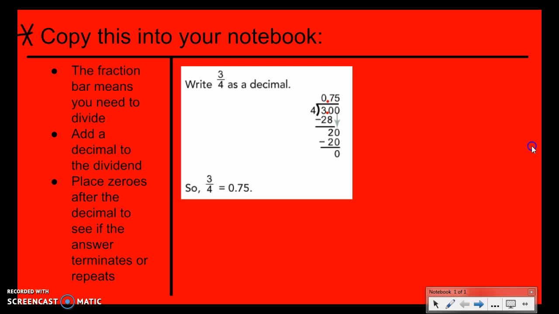Okay? And the third bullet point, place zeros after the decimal to see if the answer terminates or repeats. So whenever you have a whole number, it's understood that behind that whole number is going to be a 0. That's not always 100% true, but that's just what is understood. This is what we do.